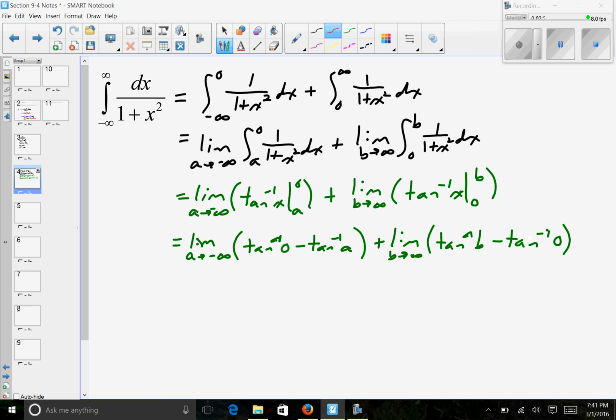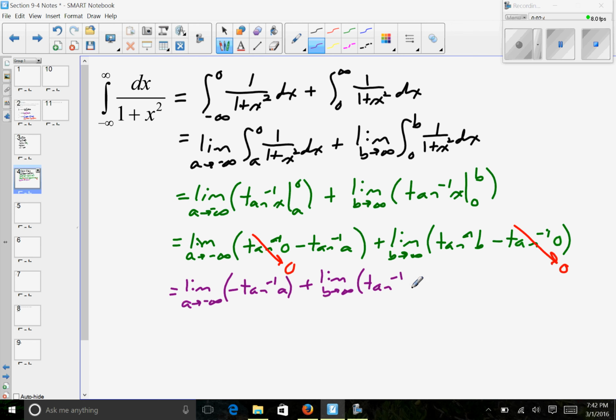Well, the inverse tangent of 0 is 0. So those are taken care of. I now have the limit as a approaches negative infinity of the negative inverse tangent of a, plus the limit as b approaches positive infinity of the inverse tangent of b.